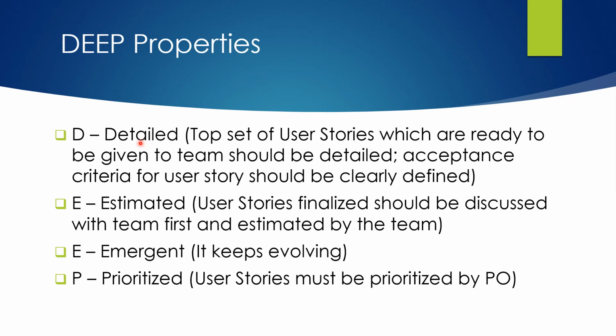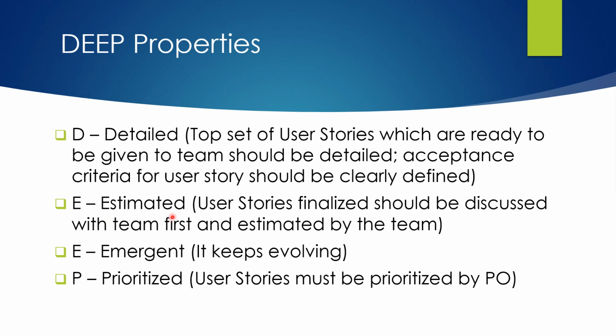When we say that the backlog is detailed, that simply means that the top set of user stories which are ready as per the definition by the product owner are clearly defined. Those have been discussed with the team, any queries, questions, and clarifications from the team have been answered, and the acceptance criteria of the user stories have been agreed. Enough details have been provided for those user stories so the team can start development on them.